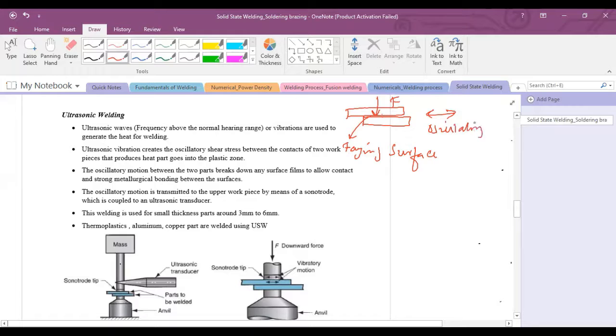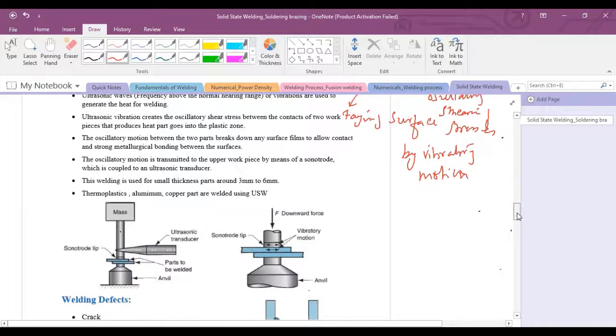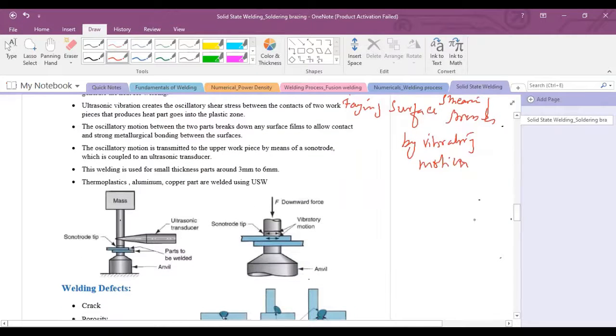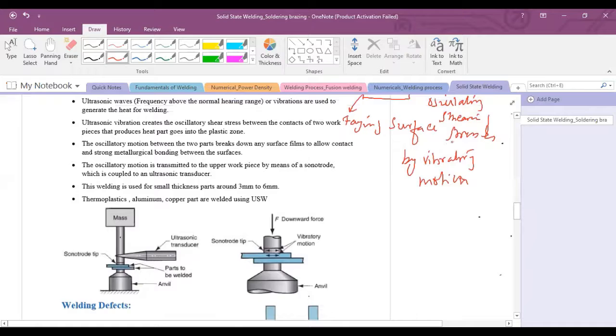These oscillatory shearing stresses are caused by vibratory motion. This oscillatory shearing stress has great significance in ultrasonic welding. I will explain this significance later in this topic.